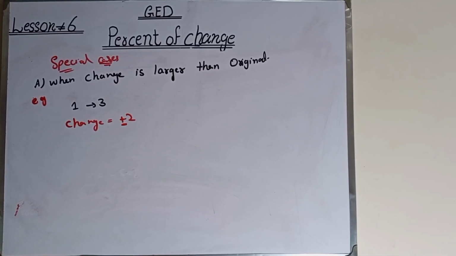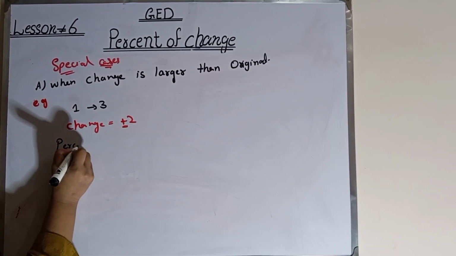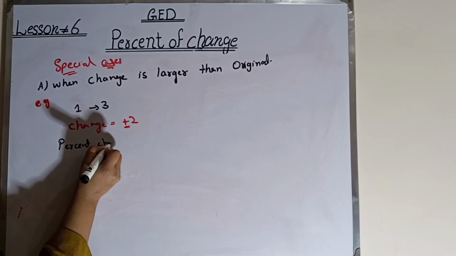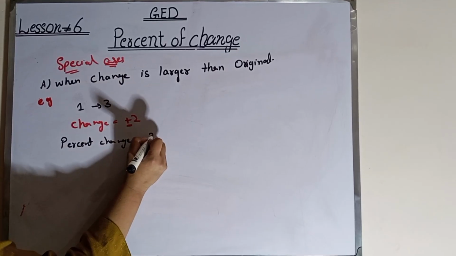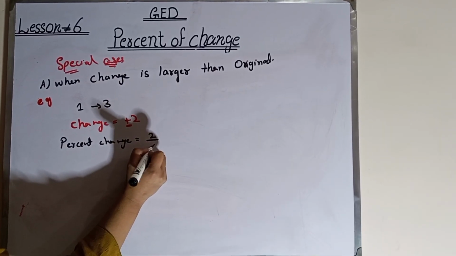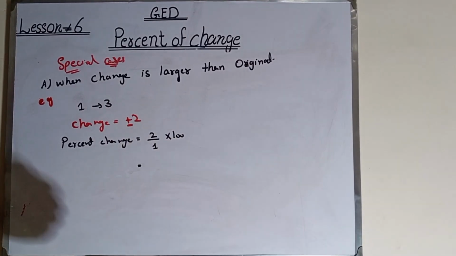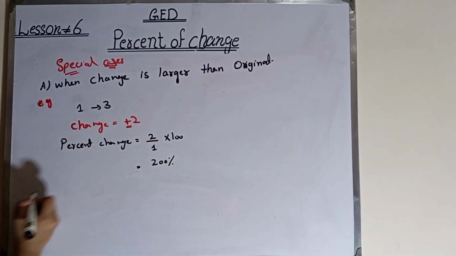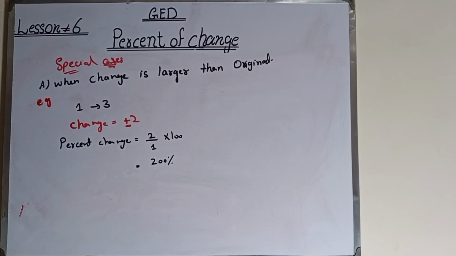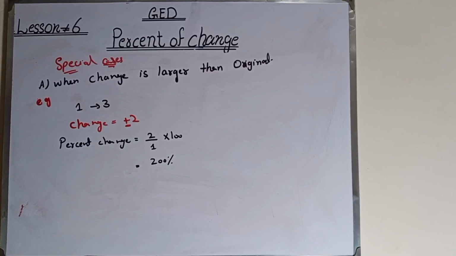So what will be the percent change? 2 divided by 1 multiplied by 100. It will be a percent change increasing to 200%. So yes, percent increase can be more than 100%.